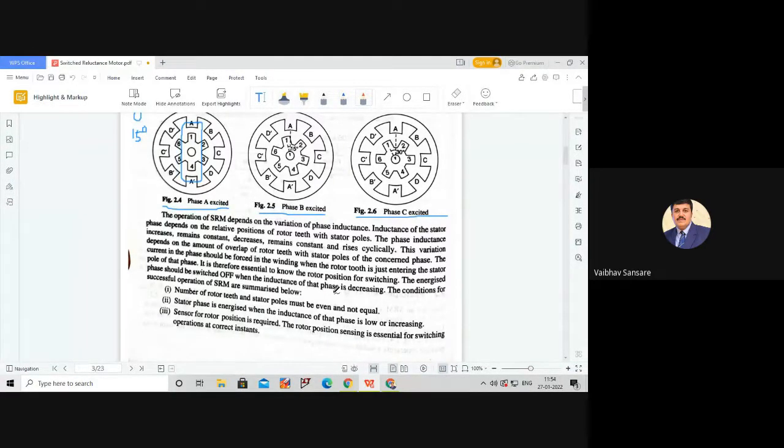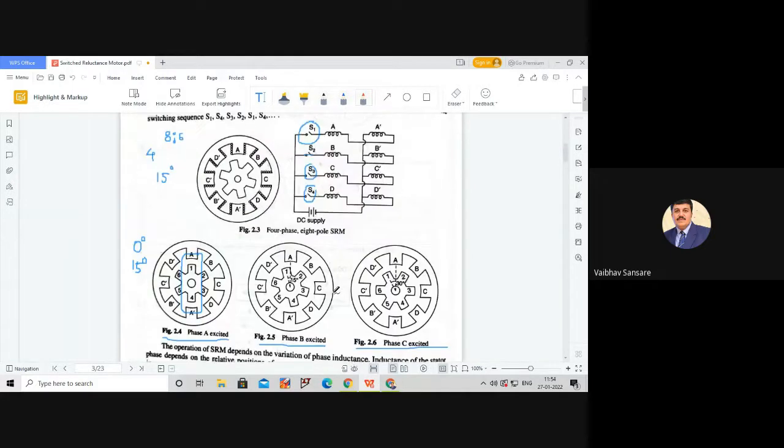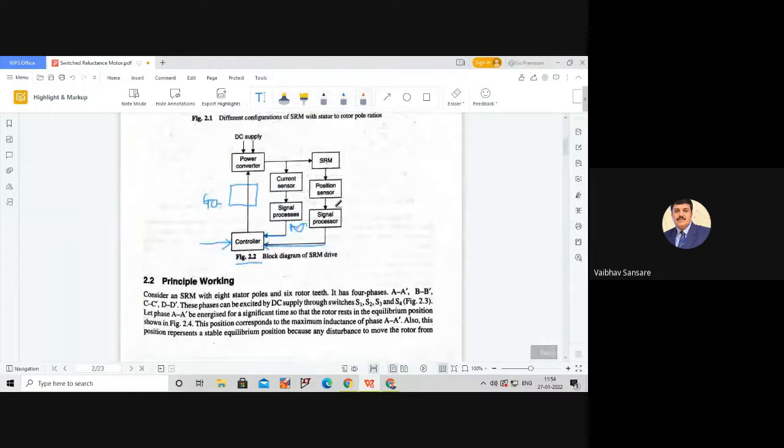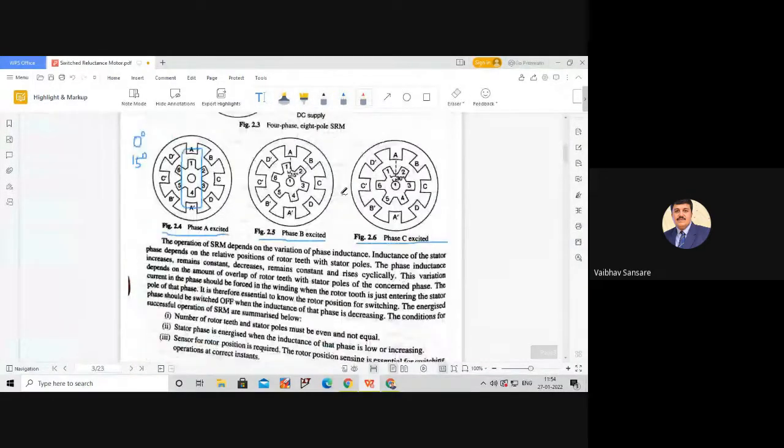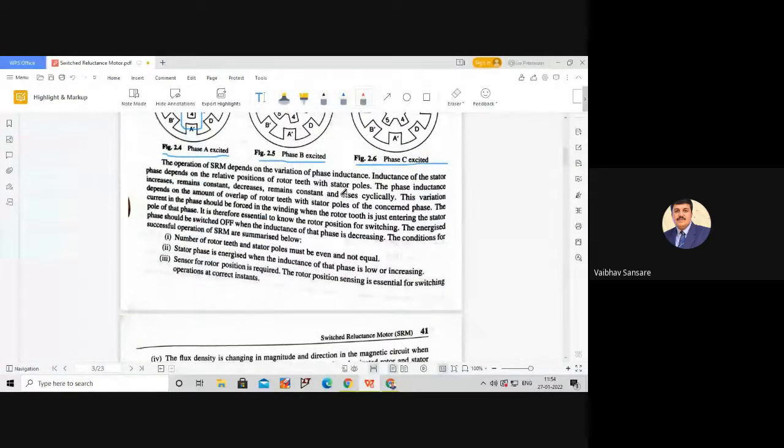Therefore, in closed loop control of the SRM drive, in this block diagram, we have taken both feedbacks. One feedback is the stator current, which is taken by current sensors, and the second feedback is the actual rotor position. So it is required to take the stator current as well as the actual rotor position for operation of this SRM in closed loop manner.